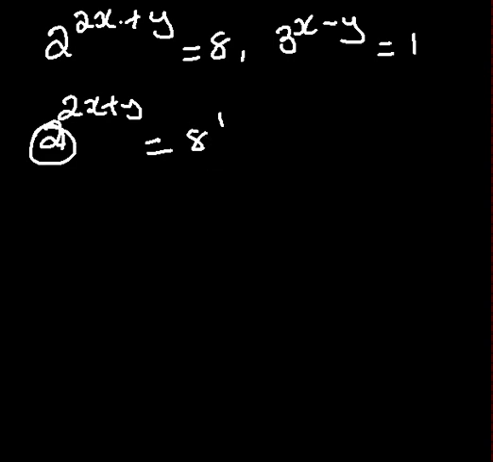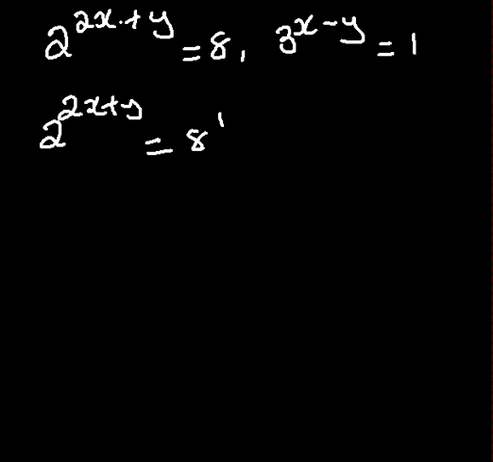The lowest base is 2. Is it possible to express 2 with a base other than 2 itself? You see that it is impossible. Can we break 2 into factors such that one of the factors can be expressed in another base? You see that it is impossible.